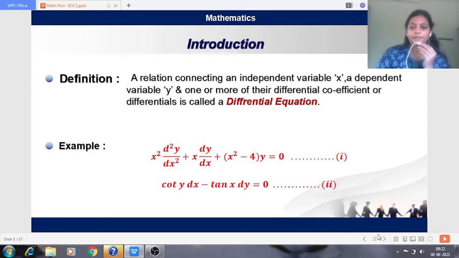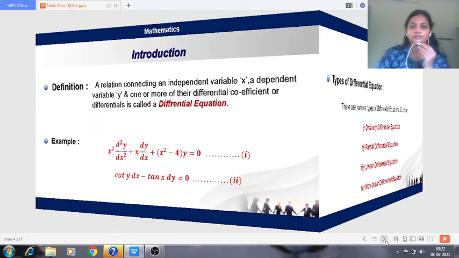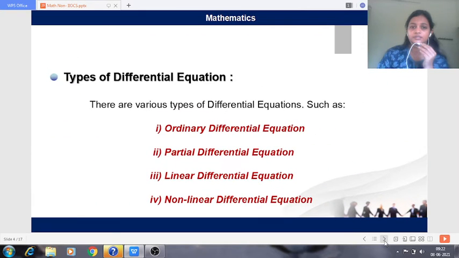Now we see the types of differential equations. There are various types of differential equation, that is ordinary differential equation, partial differential equation, linear differential equation, non-linear differential equation.